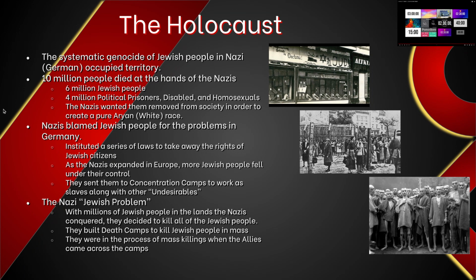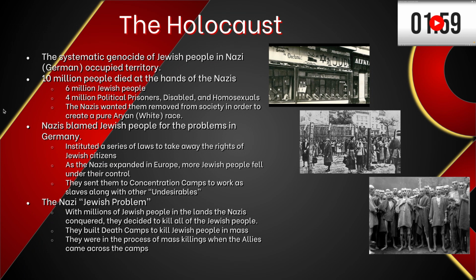Okay, so a lot of this is going to be assumed that you recall the Holocaust from your world history class. But just real quickly as a recap, the Holocaust is the name given to the genocide of the Jewish people in Europe by Nazi Germany.